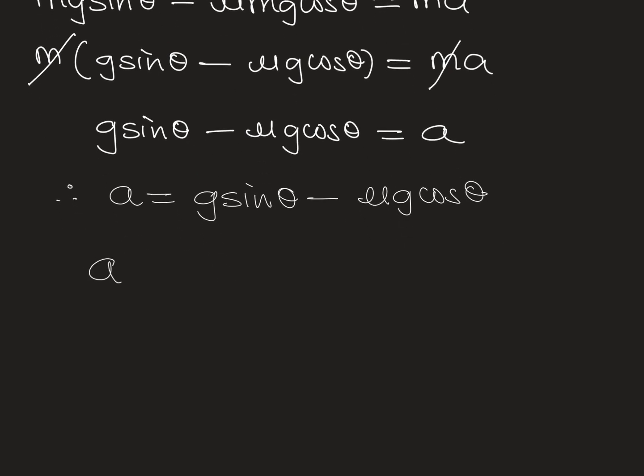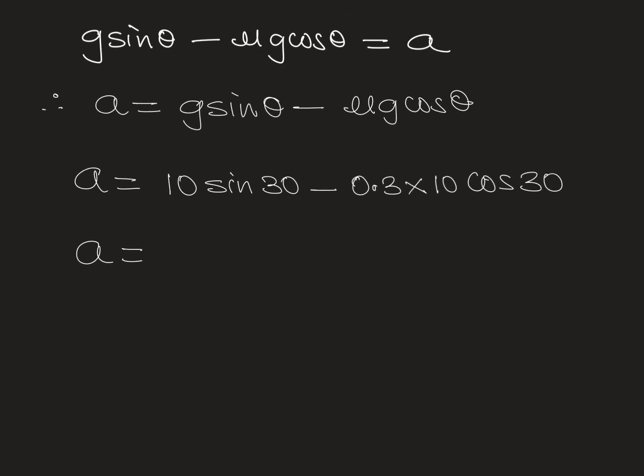That is, a is equal to g, which is 10, sine 30, minus the coefficient of friction in the question, 0.3, multiplied by g, which is 10, cos 30. So a is equal to 10 sine 30, which is 5, minus 0.3 times 10, which is 3.